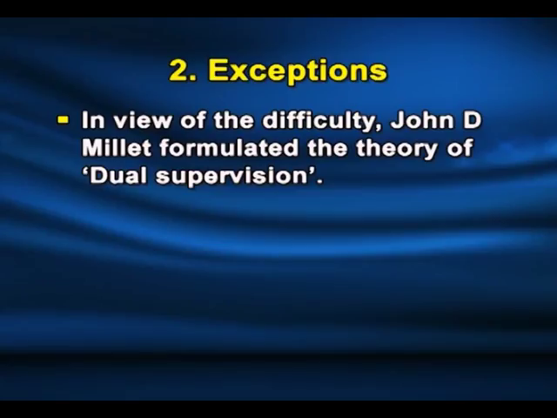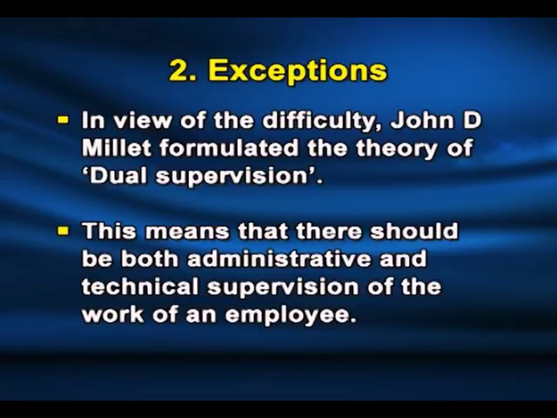It is difficult to find supervisory officers qualified and competent enough to exercise both administrative and technical control. In view of the difficulty, John D. Millett formulated the theory of dual supervision. This means that there should be both administrative and technical supervision of the work of an employee.